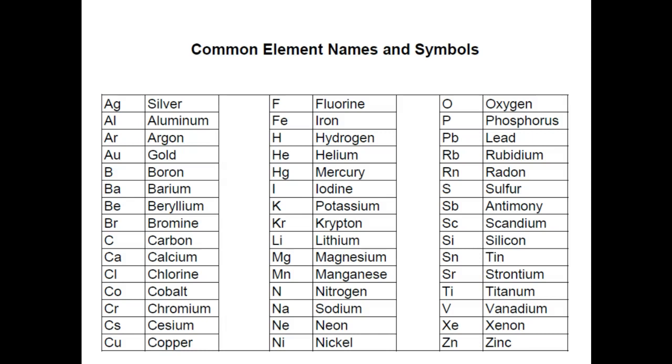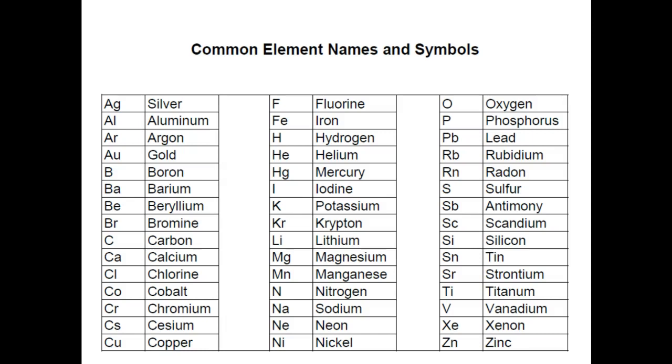But this has symbols and names of 45 common elements. How did I come by this list of 45? Well, first of all, the first 30 elements of the periodic table are all listed here. And then in addition to that, there are another 15 that are important for various reasons.